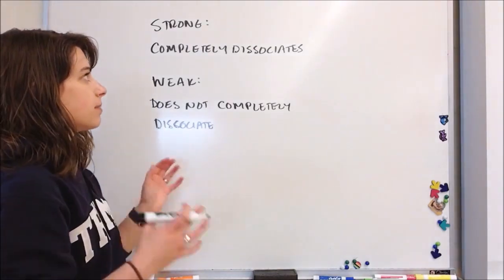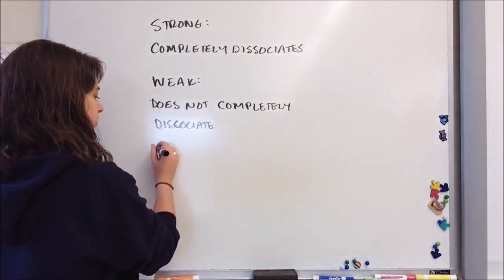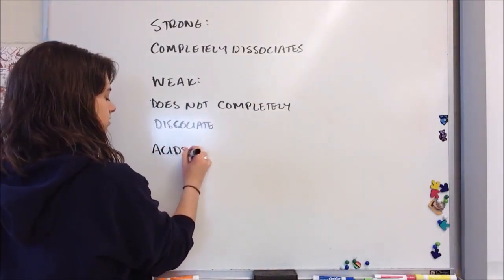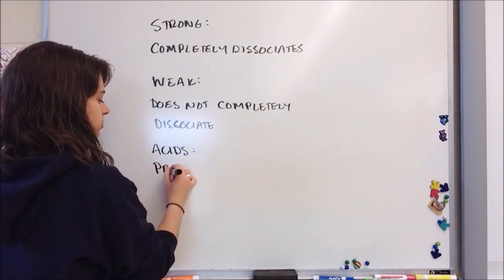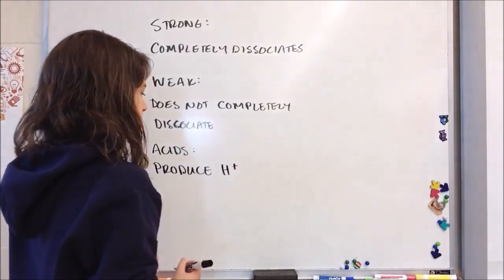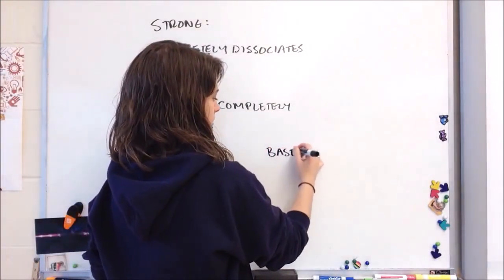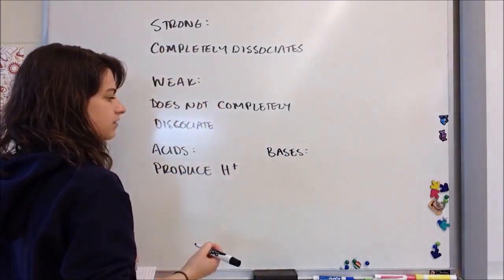Okay, so now that we remember strong versus weak, let's talk about acids versus bases. Acids are going to produce H plus ions, and bases we can think about in 2 ways.